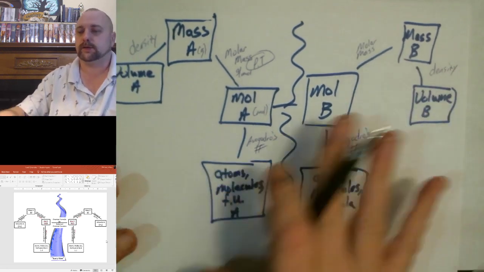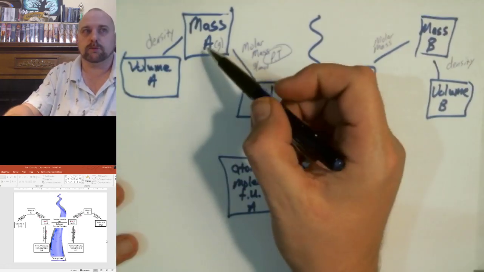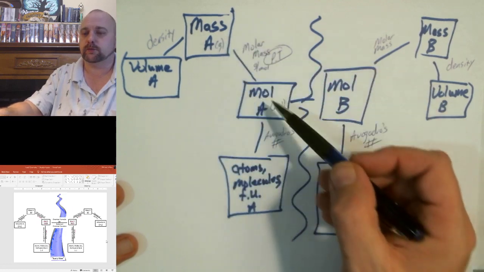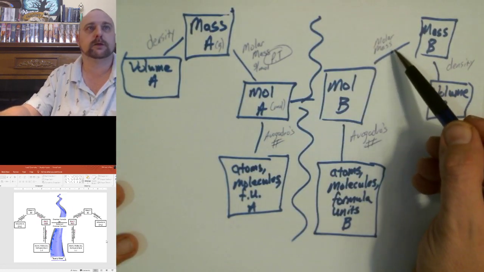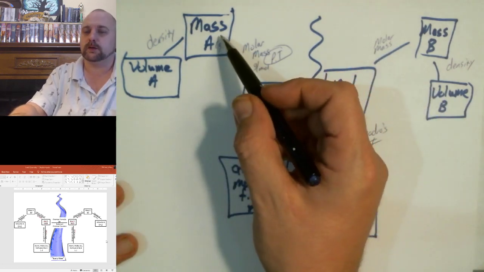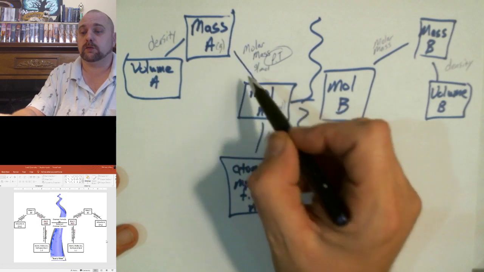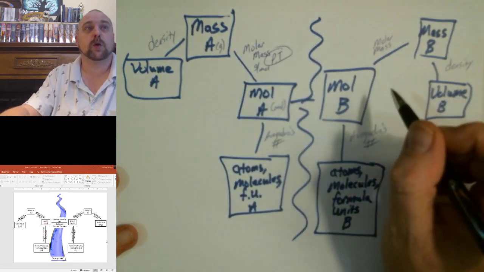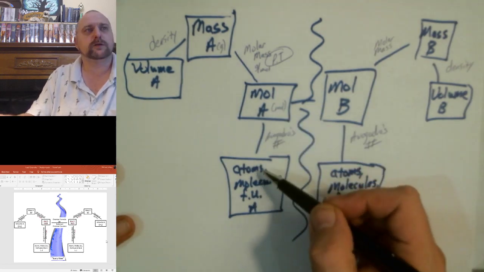Now, why is this map kind of handy? Well, if you pick where you're starting, you can predict how many steps it's going to be. That'll be these that are given here. Or you can go across the top and you'll be able to see exactly where you're going. One of the main things that students do is they try to use Avogadro's number.